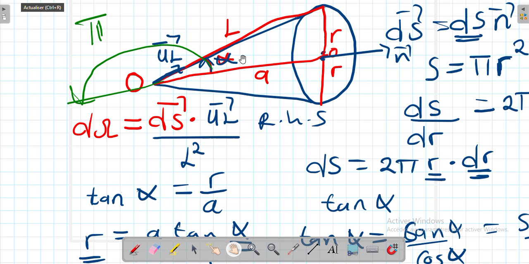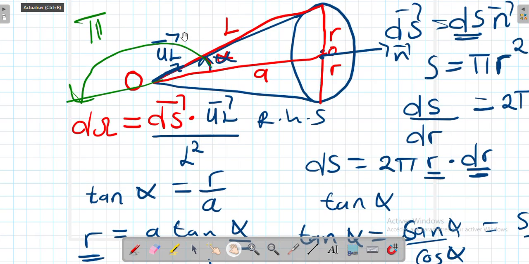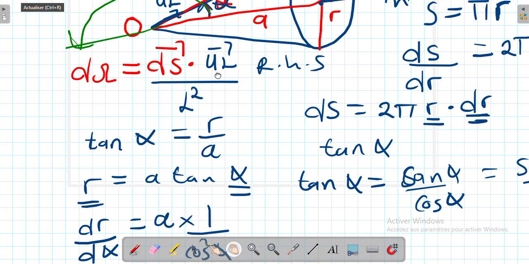So for you to see half of the space or half of this disk, your alpha has to vary from 0 to pi over 2. So theta has to be pi over 2. If this is pi, pi over 2 is 90. As I told you, get used to pi instead of 90 degrees.